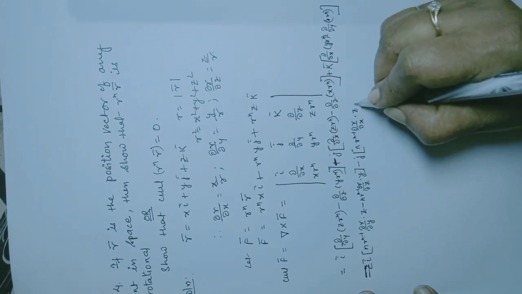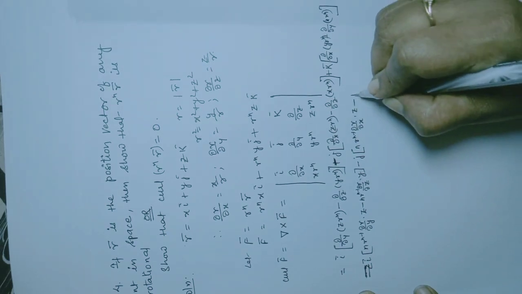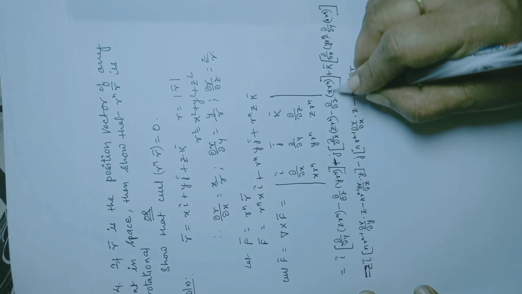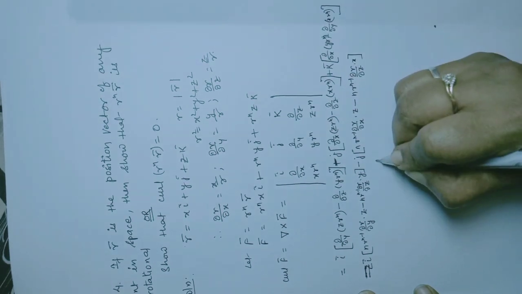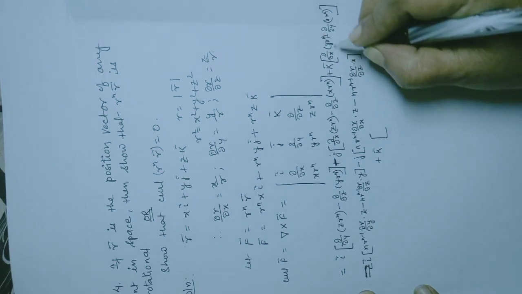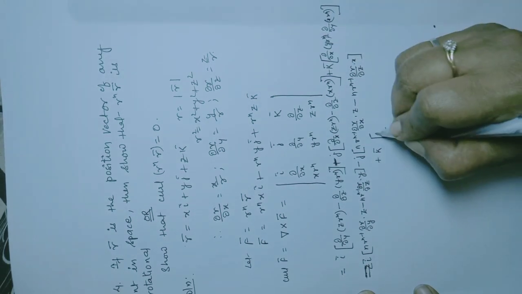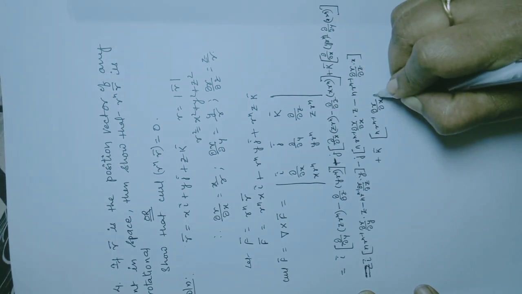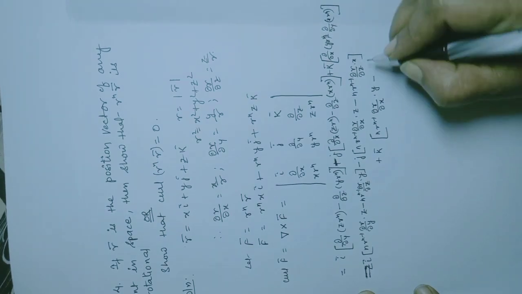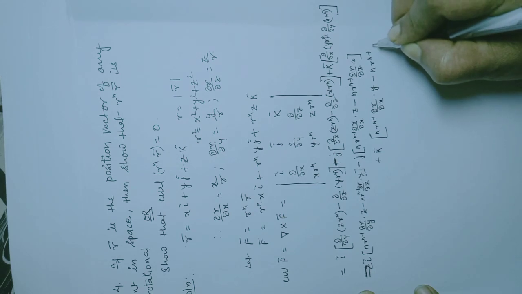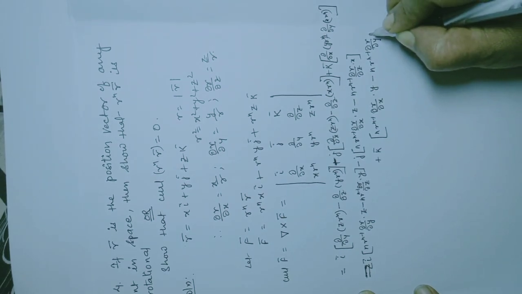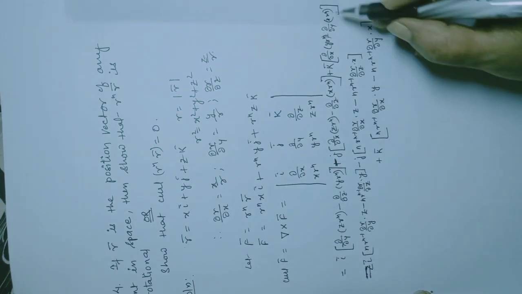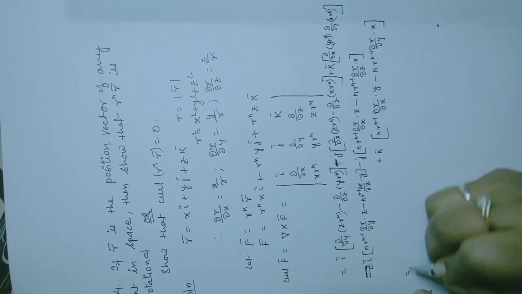The second term will be 0 because there is no function of x here, minus del by del z of this becomes n r to the power n minus 1 del r by del z into x as it is, plus k times of this becomes del by del x of y r to the power n, which means n r to the power n minus 1 del r by del x into y as it is, minus this term, which means n r to the power n minus 1 del r by del y into x as it is. The second term will be 0 because there is no function of x there, y there, right?